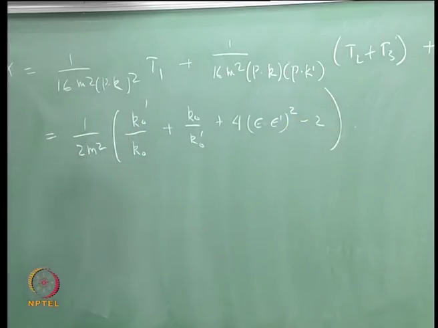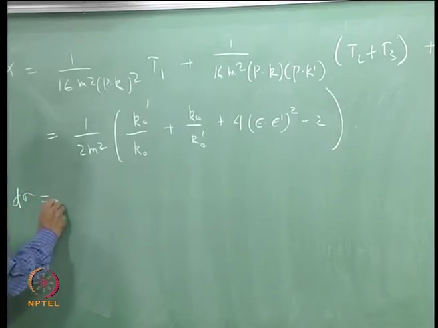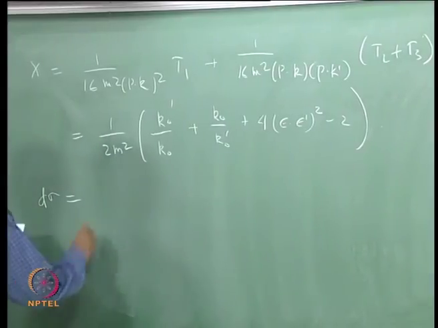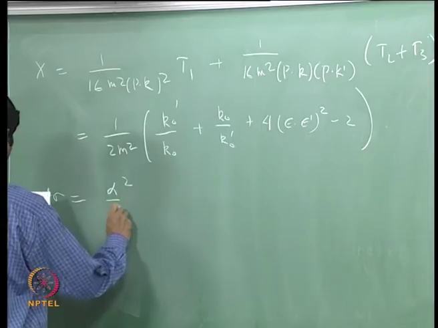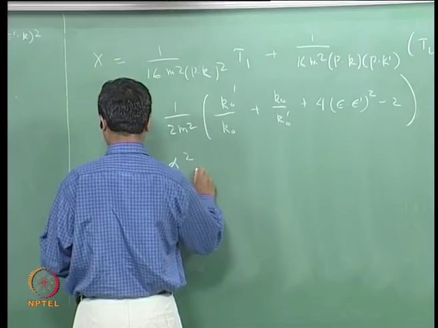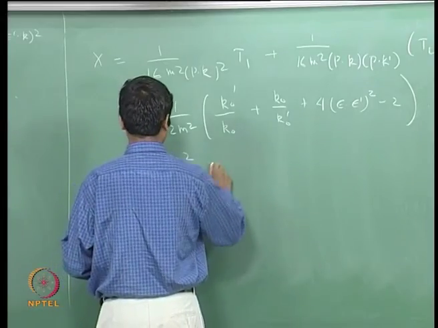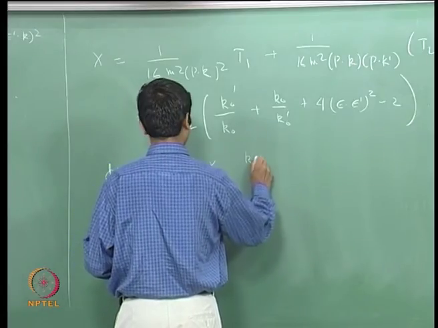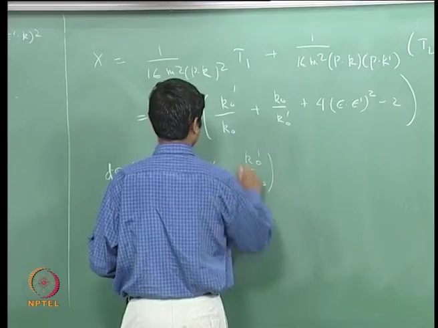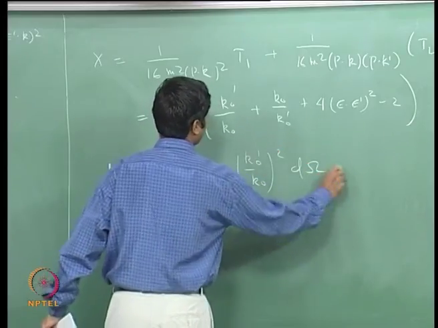This is what we get for x, and d sigma is nothing but alpha square over 2 into x into k 0 prime over k 0 whole square d omega.